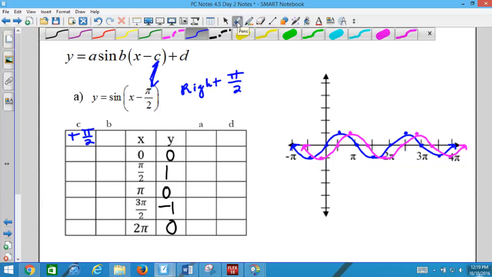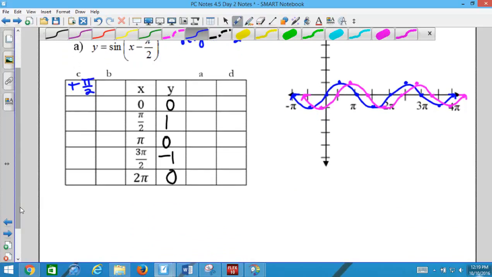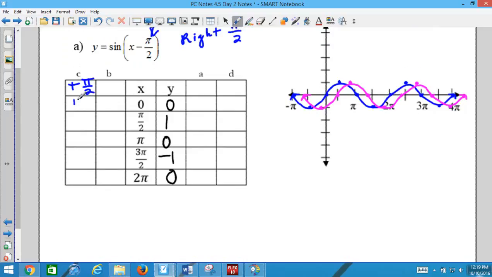Now to do it without the graph, we have to know how to add fractions. So I'm taking, well, the first one's easy. 0 plus pi over 2 is pi over 2. Next one, we've got pi over 2 plus pi over 2. 2 pi over 2 is what? So I can write it down here.